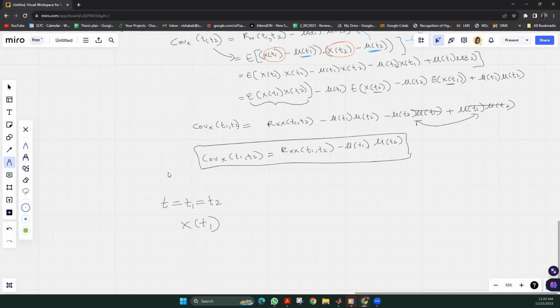In that case, the autocorrelation will be equal to Rxx t1 comma t1. I will define that as Rxx t1 comma t1.